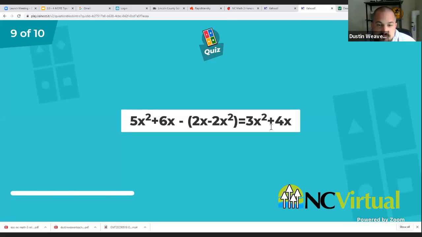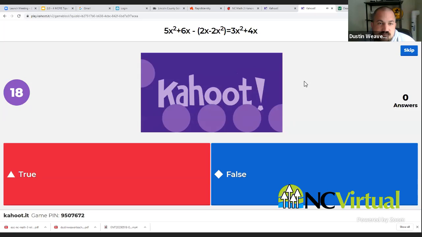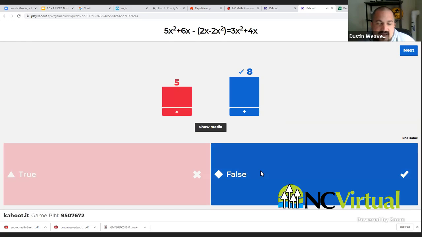Number 9. It is false. 5x squared minus negative 2x squared.